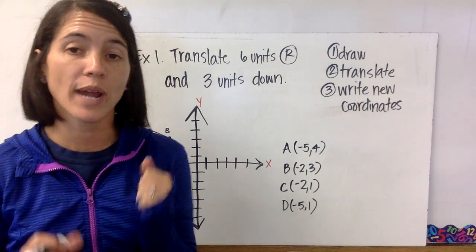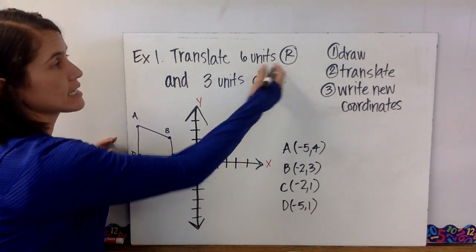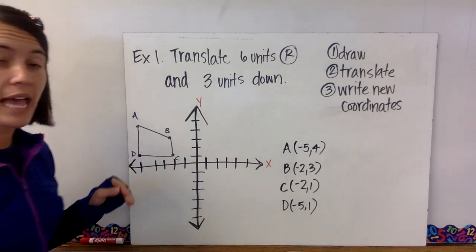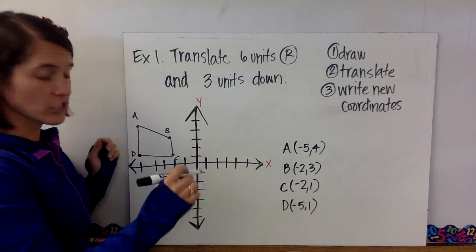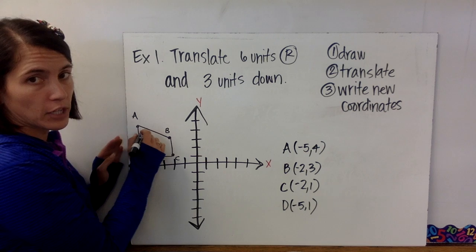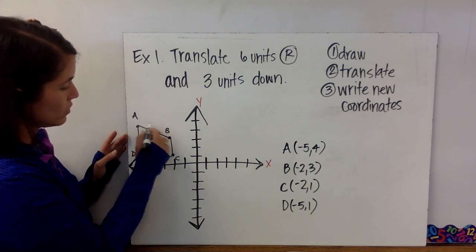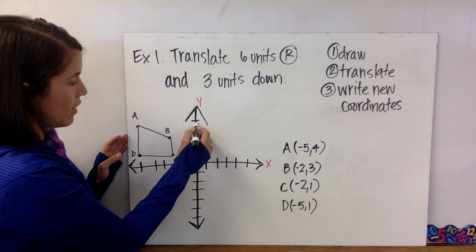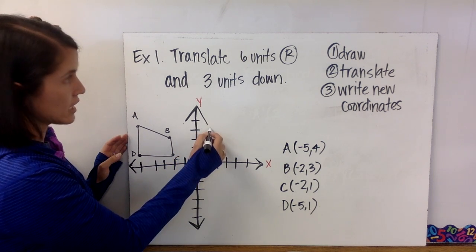Now I'm going to translate it 6 units to the right and 3 units down. So I'm going to take each vertex and translate it. I'm going to start with A. I'm going to go over 6 units to the right, 1, 2, 3, 4, 5, 6.